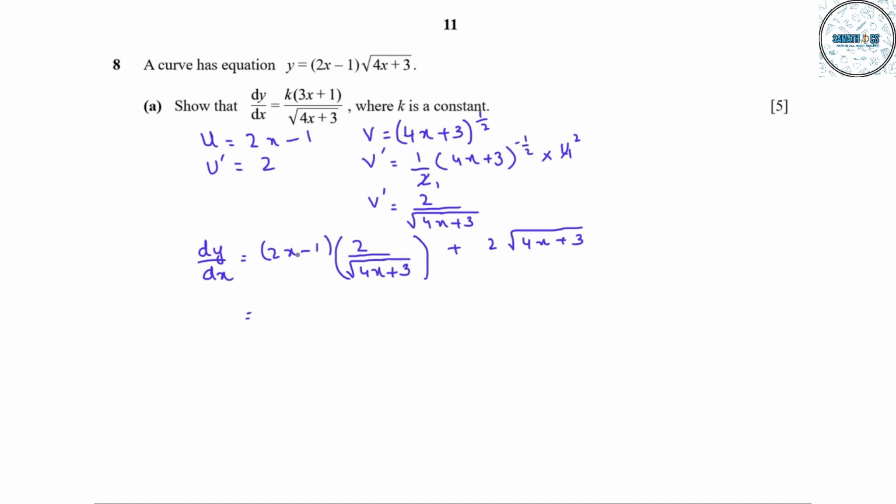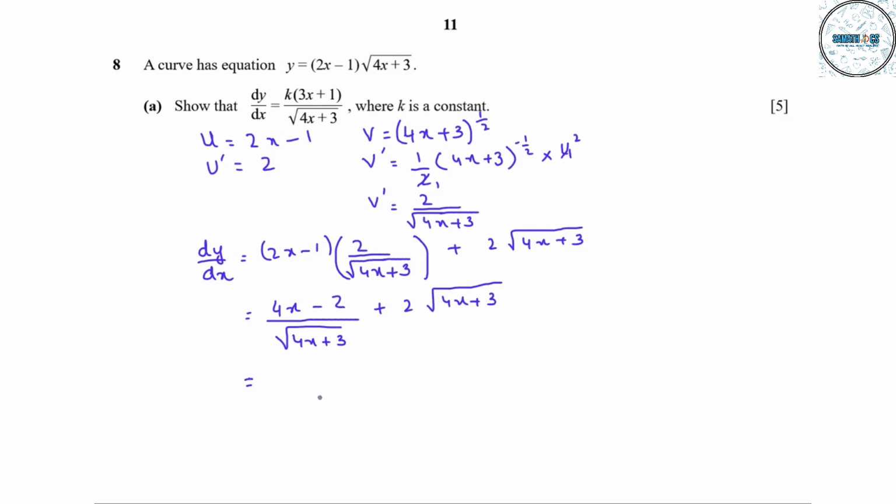Now we'll multiply 2x - 1 by 2, so it will become (4x - 2) divided by √(4x + 3), plus 2√(4x + 3).